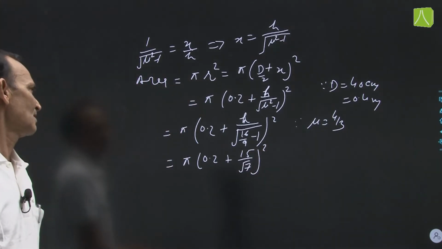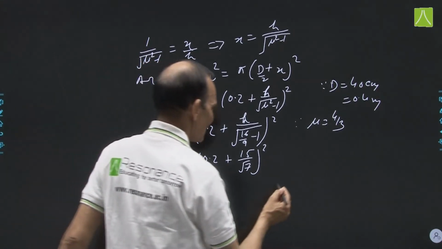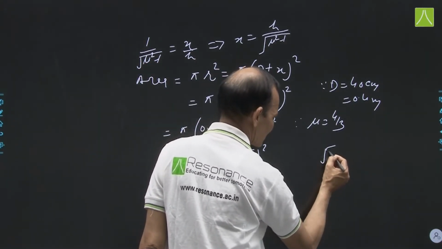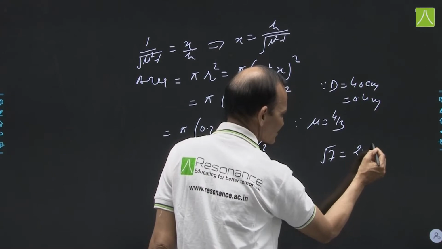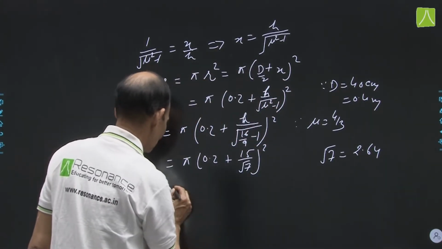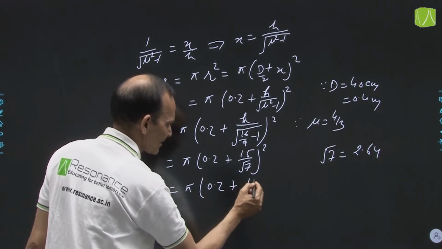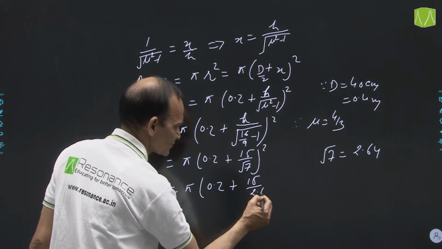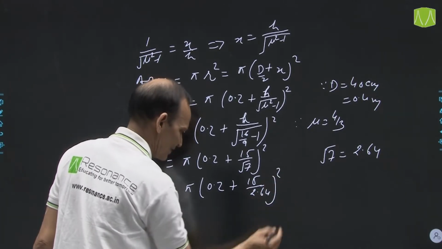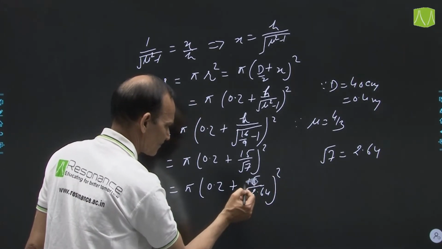Is it clear? Okay, solve it. Root 7 is approximately 2.64. So that is pi into 0.2 plus 15 by 2.64, whole square. We can solve it easily.